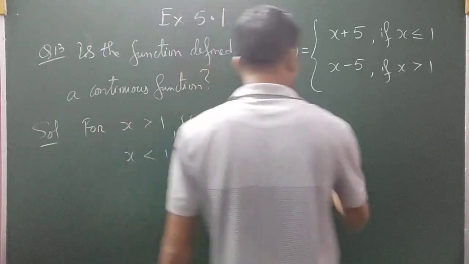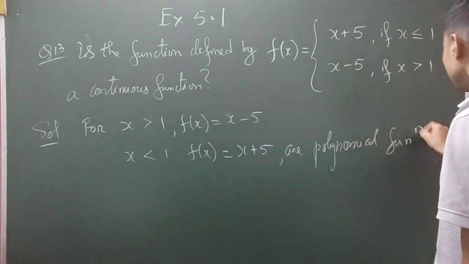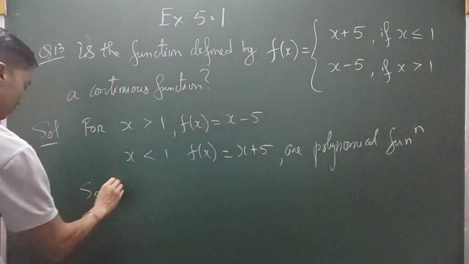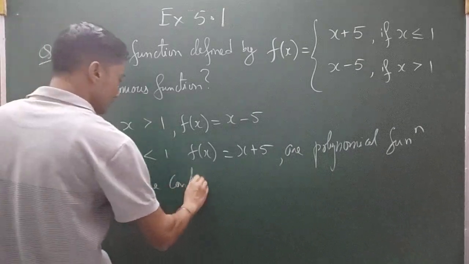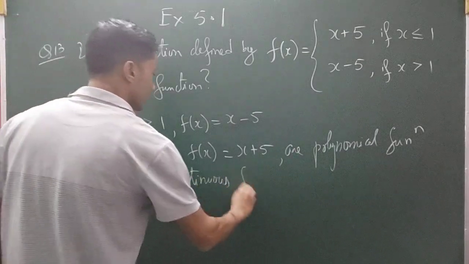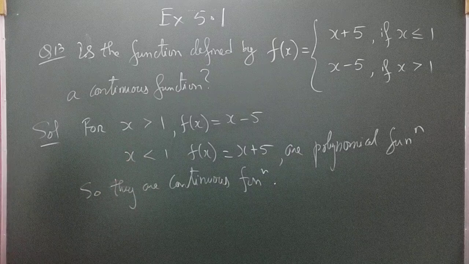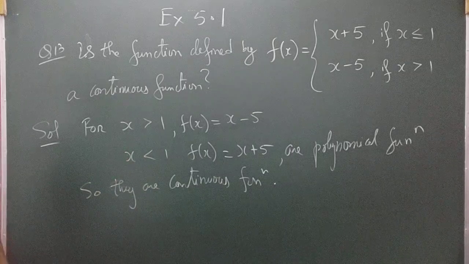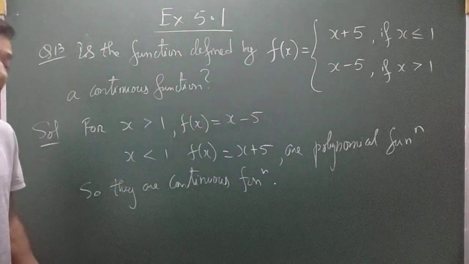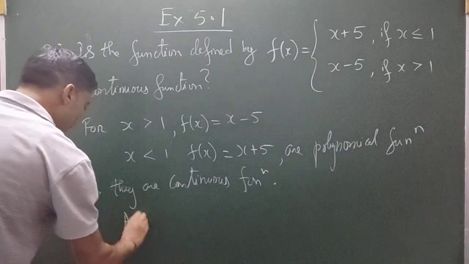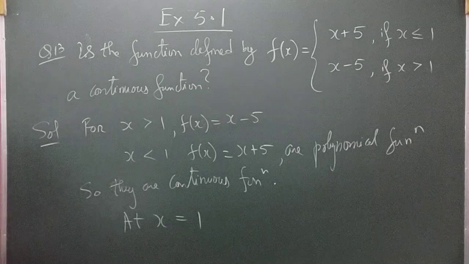So both are polynomial functions, so they are continuous functions. For x greater than 1 and x less than 1, we know they represent polynomial functions. From algebra of continuity, we have seen that polynomial functions represent continuous functions. So now we have to check at x equal to 1. That's the only question mark that we have.